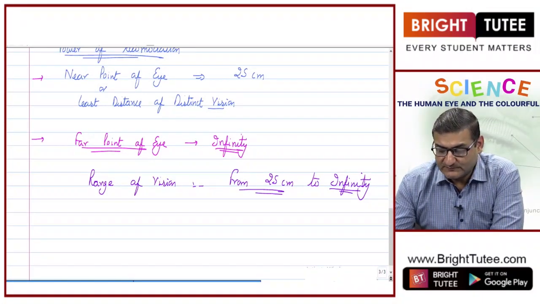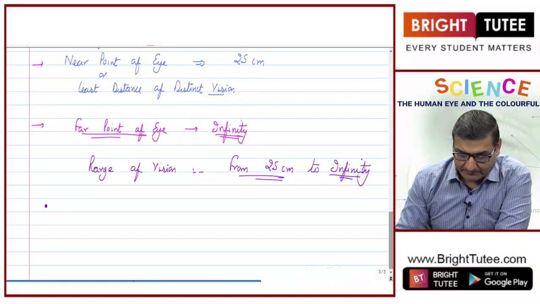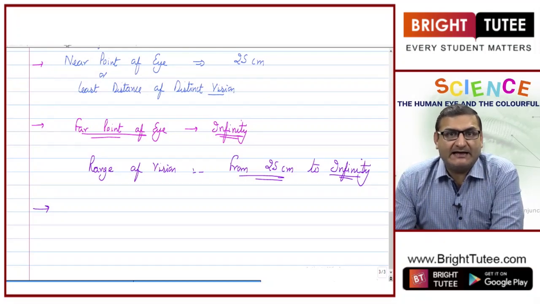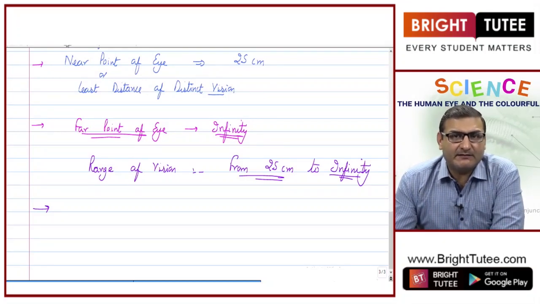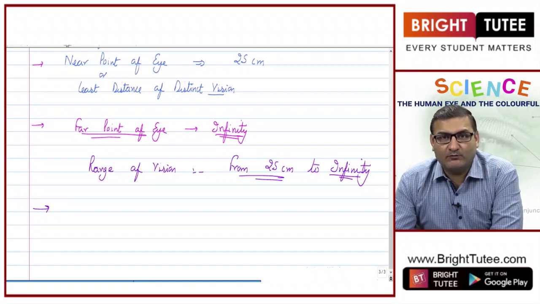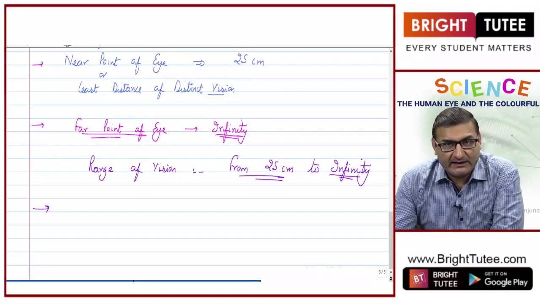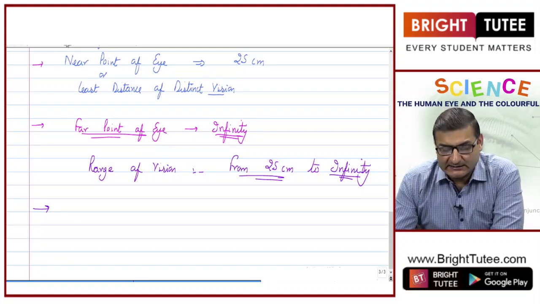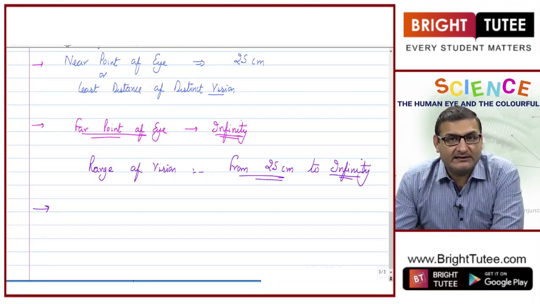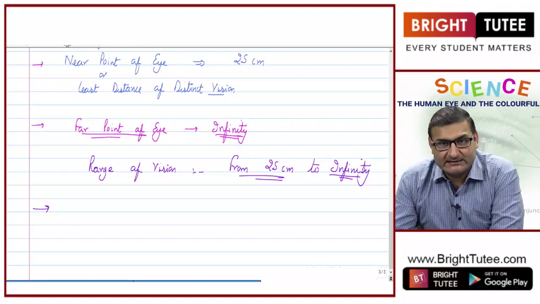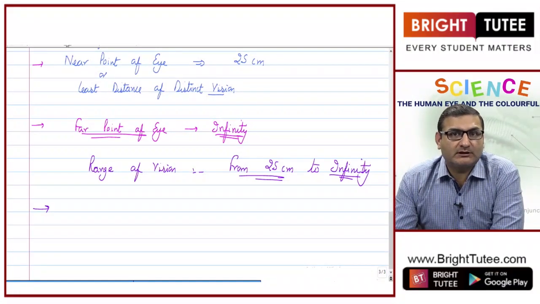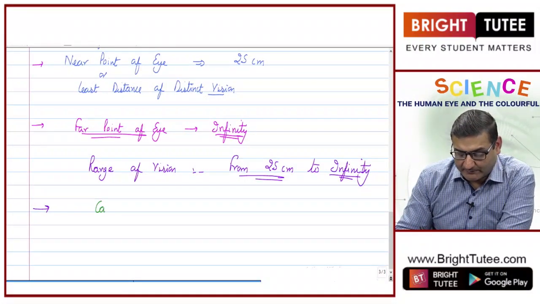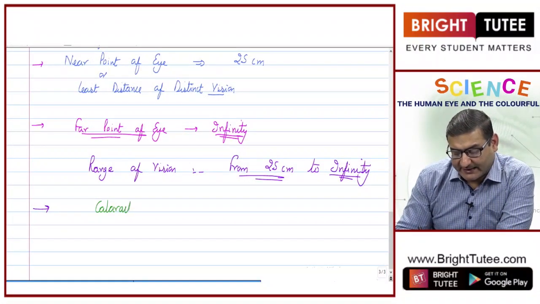Now in some people, especially in old age, the eye lens, our crystalline lens, becomes milky and cloudy. If the eye lens becomes cloudy or milky, the vision is blurred. It leads to partial or total loss of vision. This condition, this disease, you need to remember, is known as cataract.